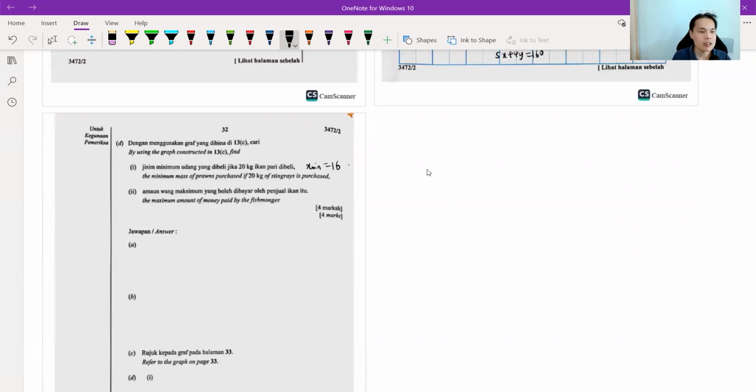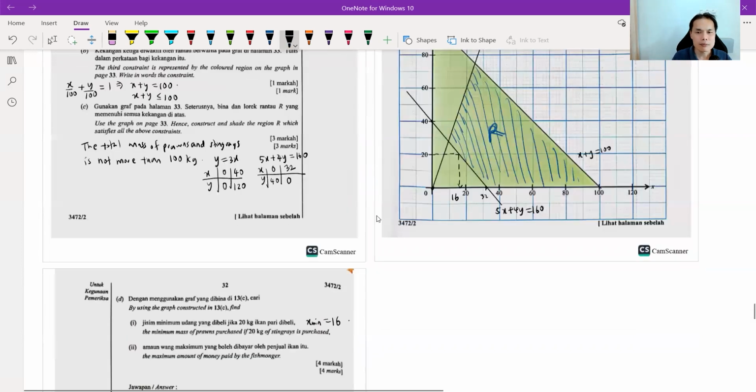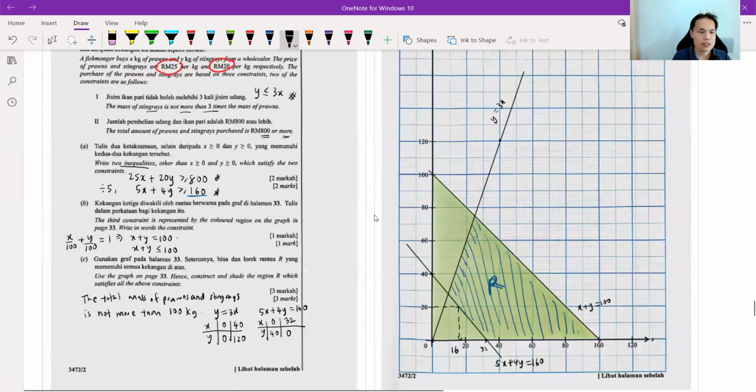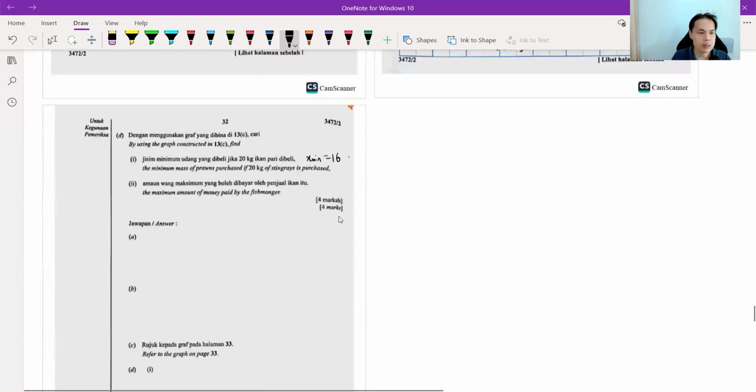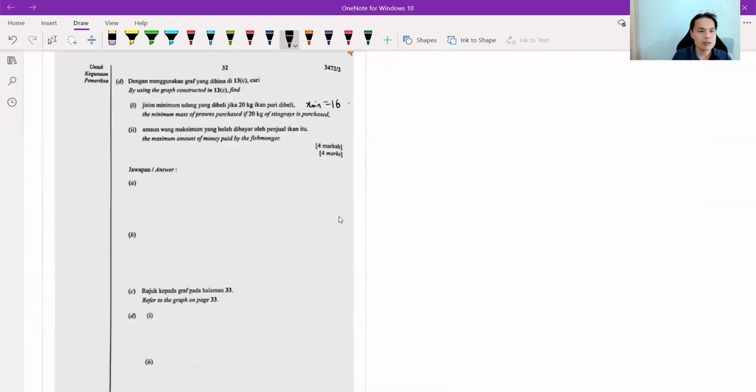Next, the maximum amount of money paid. The minimum amount of purchase is 800. So the objective function is actually this, but we just have to let it be K. K is what we want to find. The minimum purchase is 800. The maximum purchase, I don't know. So let me write here, the maximum amount purchased.